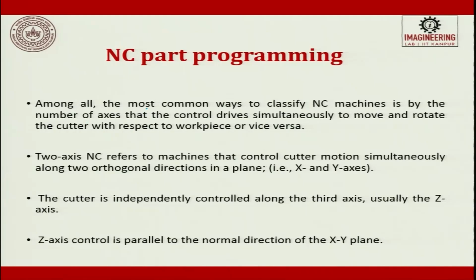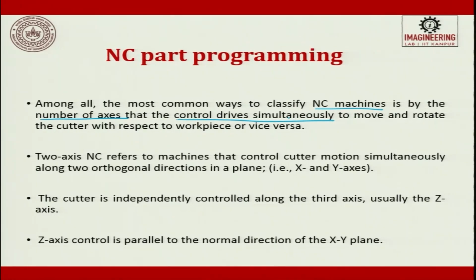Among all, the most common way of classifying NC machines is by the number of axes that the control drives simultaneously to move and rotate the cutter with respect to workpiece or vice versa. So, here we are now defining the NC machine by number of axes under simultaneous control. Now, we are going into continuous, right, simultaneous control.